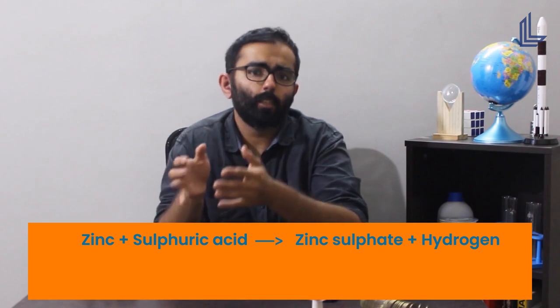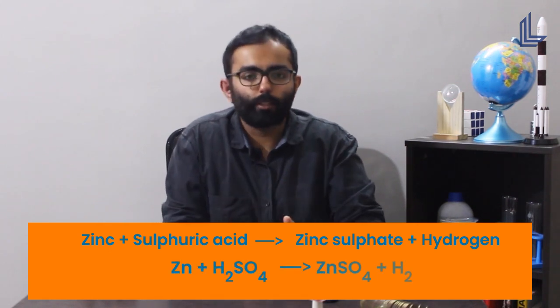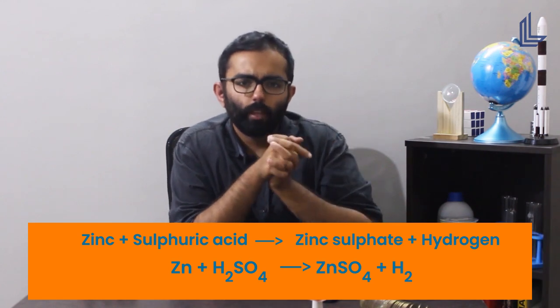We have zinc plus sulfuric acid giving us zinc sulfate plus hydrogen. So in terms of a chemical equation, this would be Zn plus H2SO4 will give us ZnSO4 plus H2. Now let us tabulate the number of atoms for each element on the reactants side and on the products side.